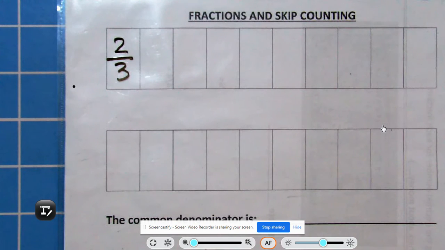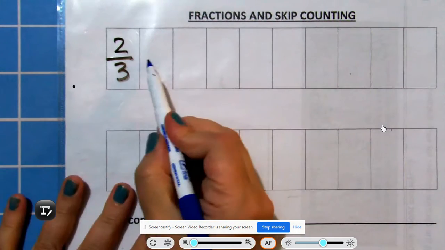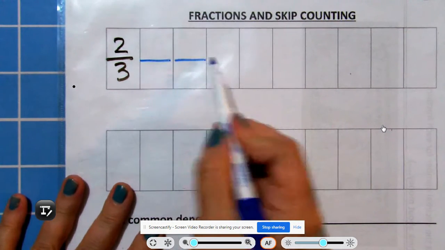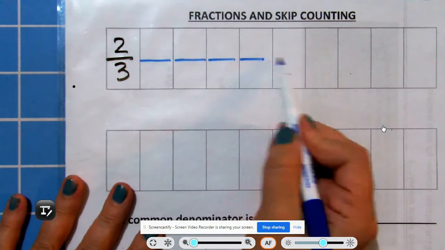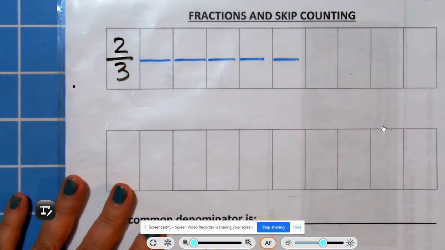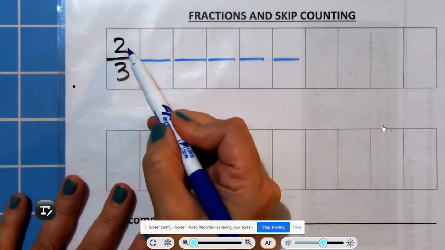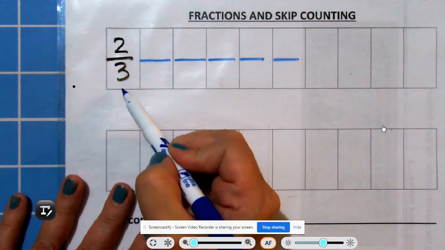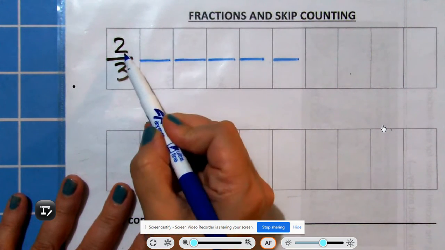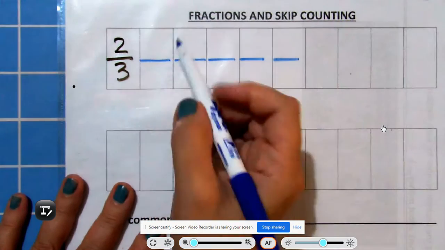We are going to find some equivalent fractions for 2/3. And we have practiced this a bunch of times in class. One way to do that is to skip count by your numerator and skip count by your denominator. So we're counting by twos.